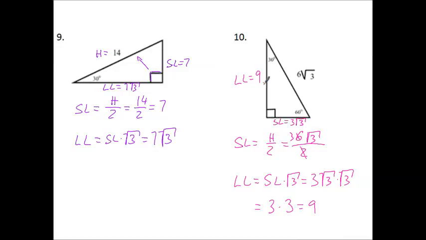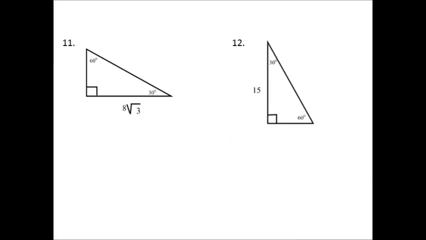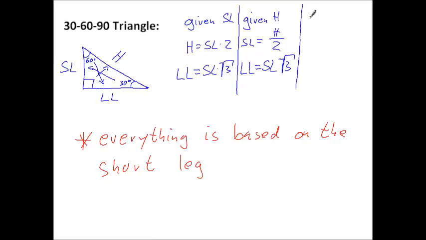Now let's go and see what we do when we have a long leg given. Now in this example number 11, we have the long leg given. And again, let's look back and see what we have to do to our formulas to adjust them. If we are given the long leg first, then we have to find our short leg. And our short leg, remember, everything is based on the short leg.